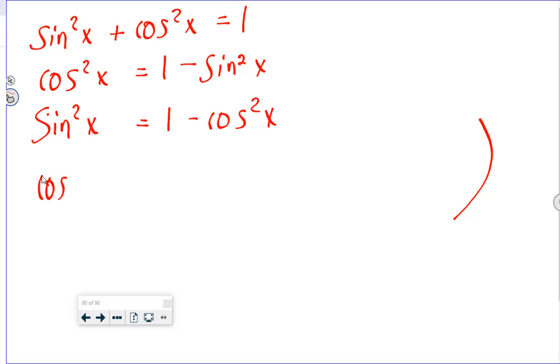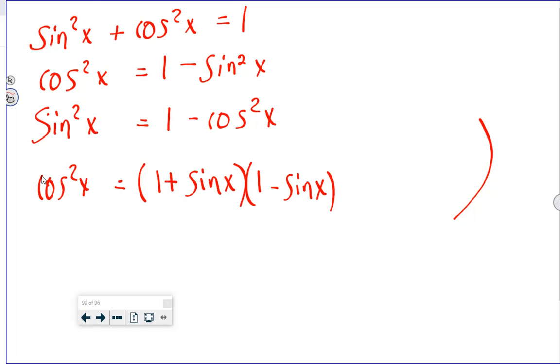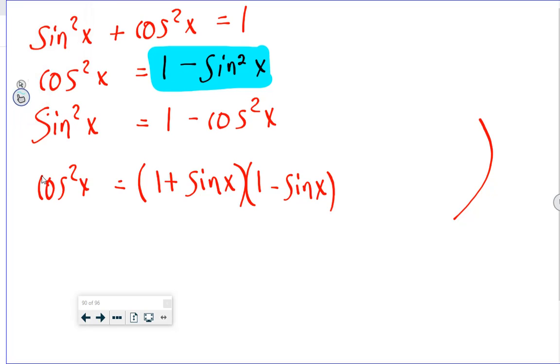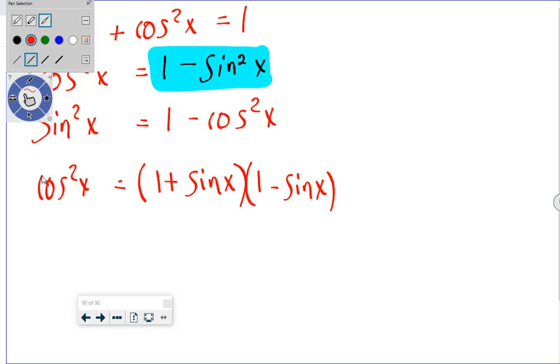Cos squared of x is 1 plus sine of x times 1 minus sine of x, because this is a difference of squares. If I asked you to factor 1 minus r squared, you would write 1 plus r, 1 minus r.